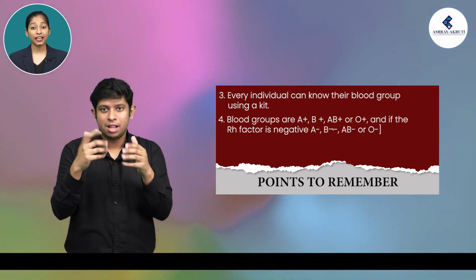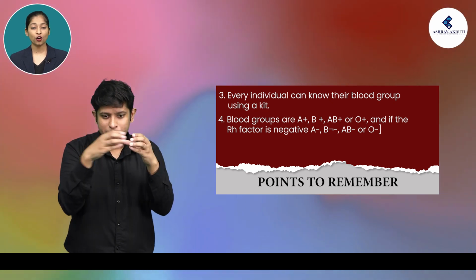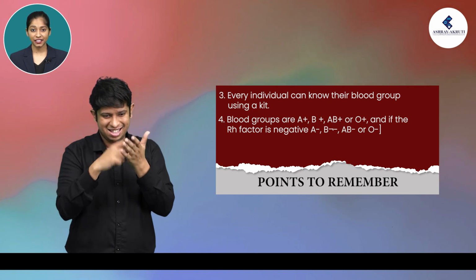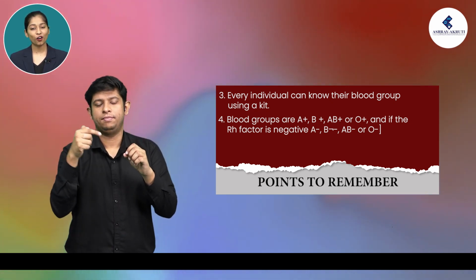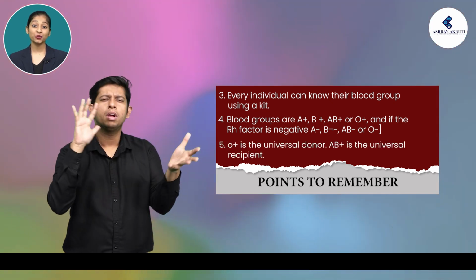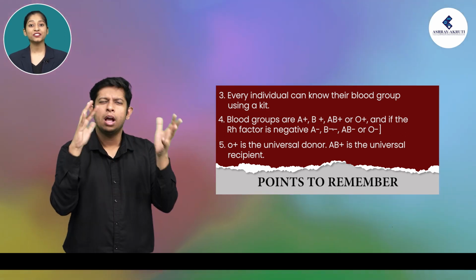Blood groups are A positive, B positive, AB positive or O positive. And if the Rh factor is negative, A negative, B negative, AB negative or O negative. O positive is universal donor. AB positive is universal recipient.